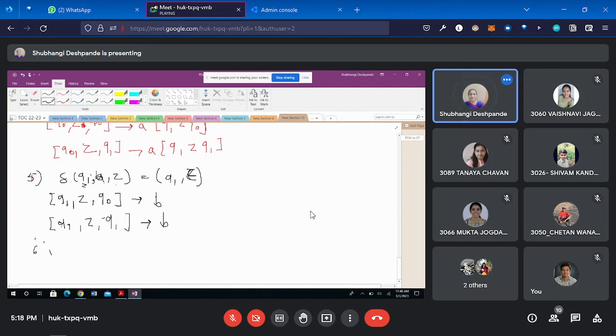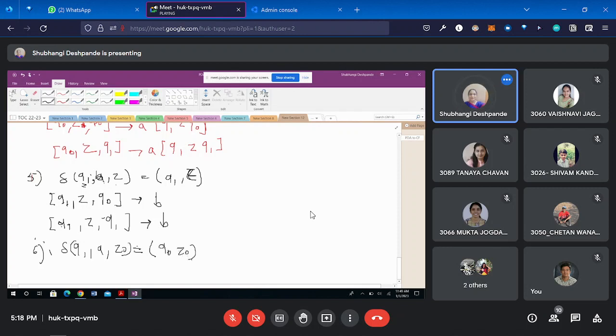And then the last rule, that is delta of Q1 A Z0 is equal to Q0 Z0.